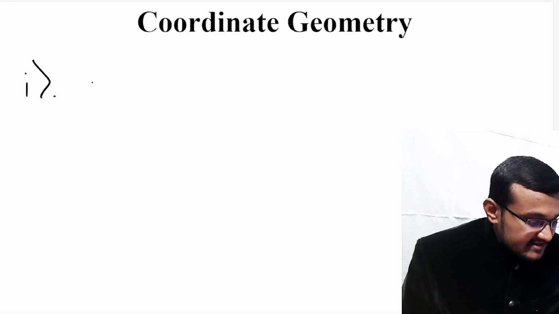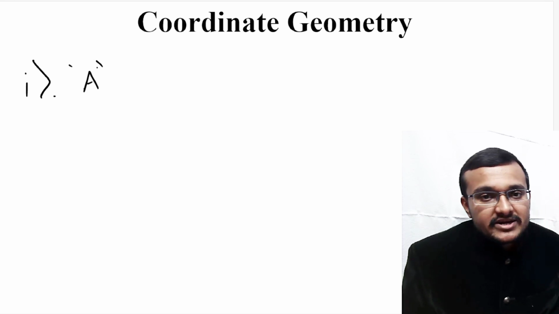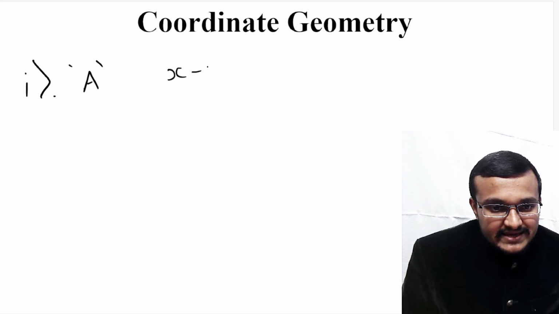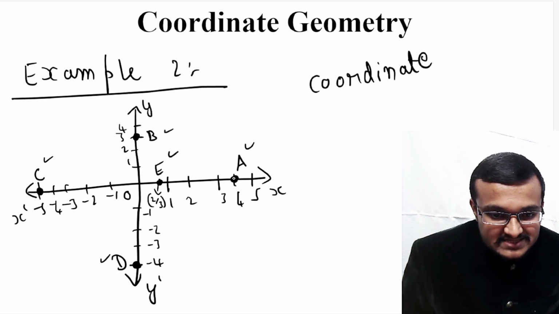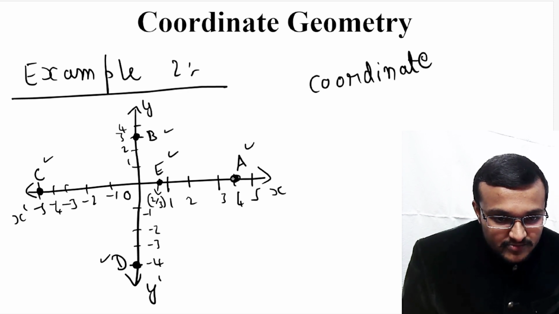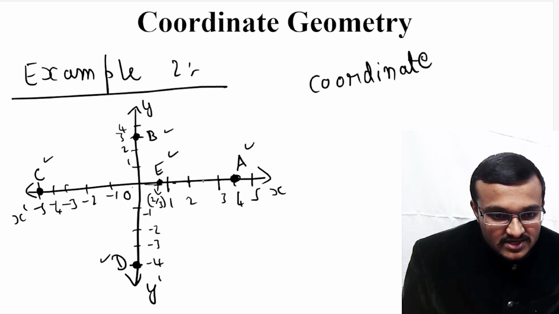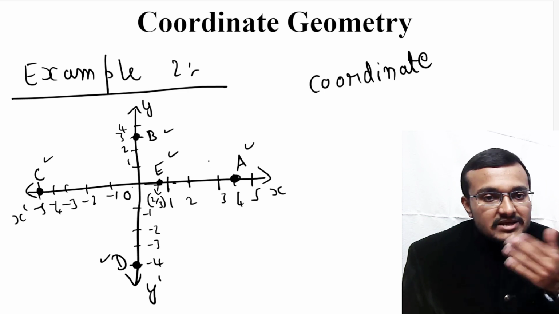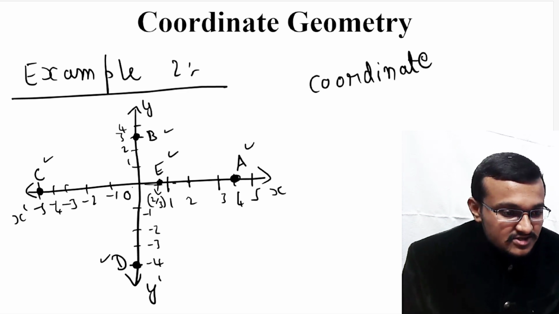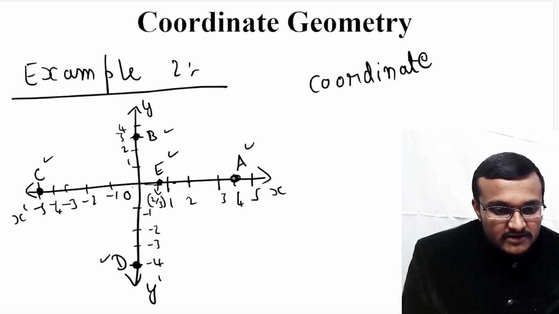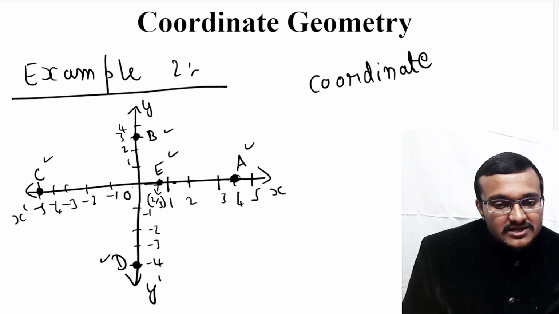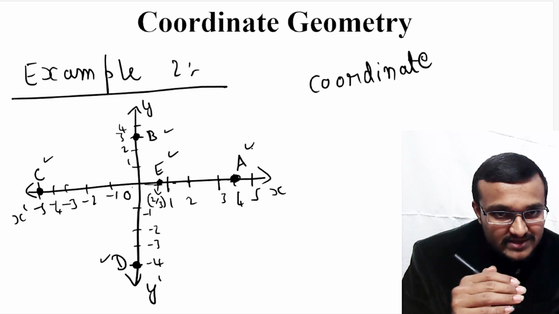Now we will try to find the coordinate of point A. For point A, the x coordinate is equal to plus 4. Here you can see A is lying on the x axis, and if you draw a perpendicular line from A to the y axis, this acts as the x coordinate, which is plus 4 in length. So 4 is the x coordinate, and the y coordinate is 0, because from 4 you cannot draw a perpendicular line to the x axis, since point A is already lying on the x axis.